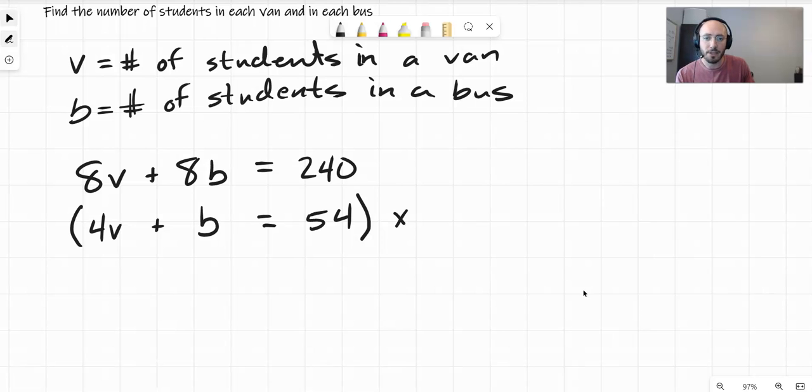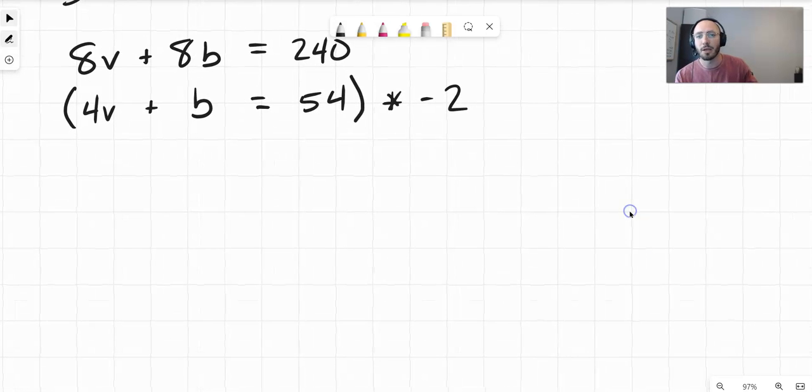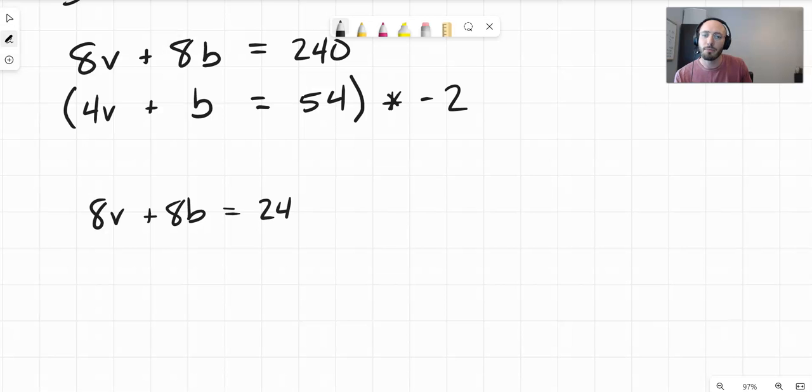So I'm going to multiply this entire equation by the constant negative 2. And then I'm going to rewrite my system of equations with a new version of the second equation. So I'll rewrite the first one, 8V plus 8B equals 240.